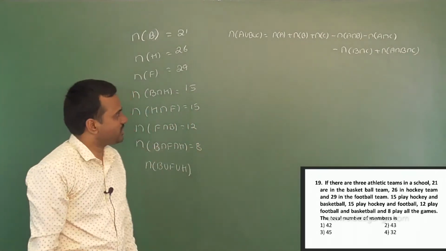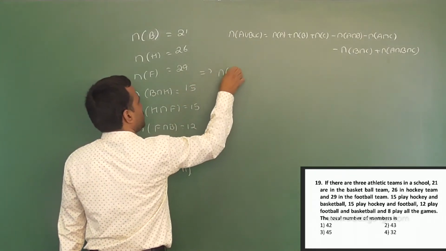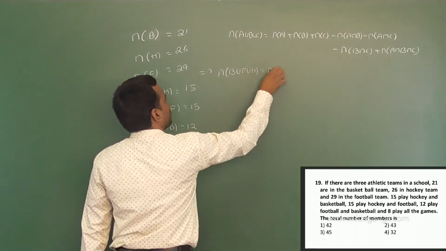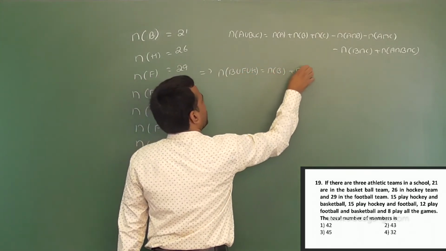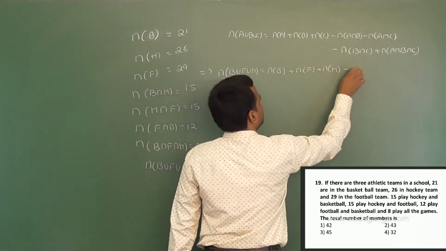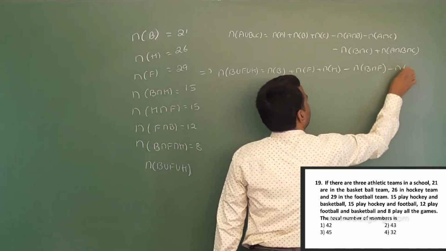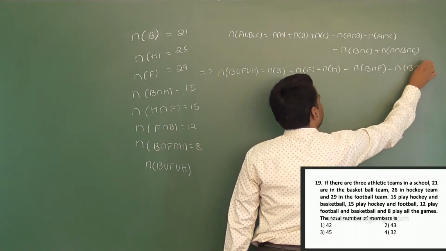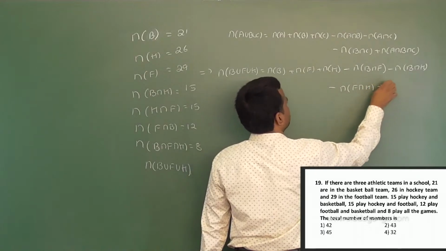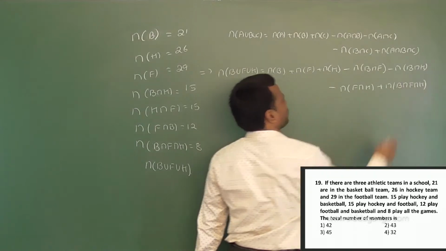The same I use here. N of B union F union H equals N of B plus N of F plus N of H minus N of B intersection F minus N of B intersection H minus N of F intersection H plus N of B intersection F intersection H.